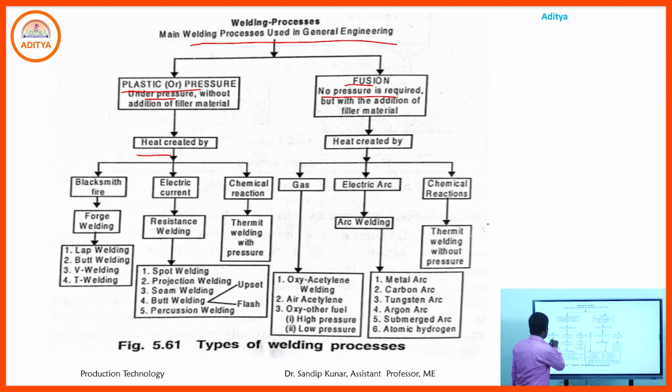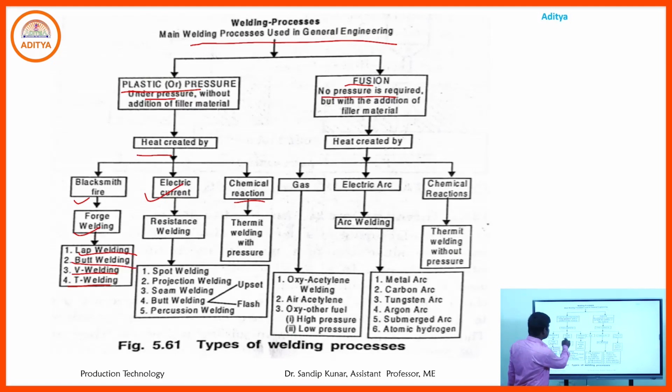The heat sources are blacksmith fire, electric current and chemical reaction. Under blacksmith operation is forge welding, and under forge welding there are four operations: lap welding, butt welding, V welding and T-type welding.